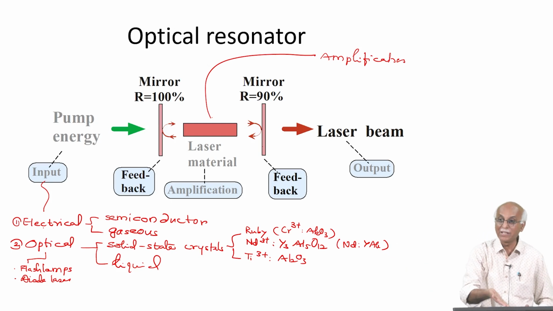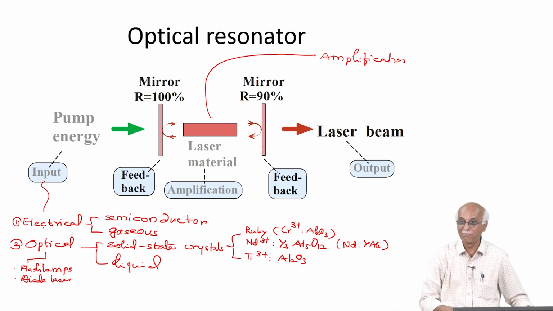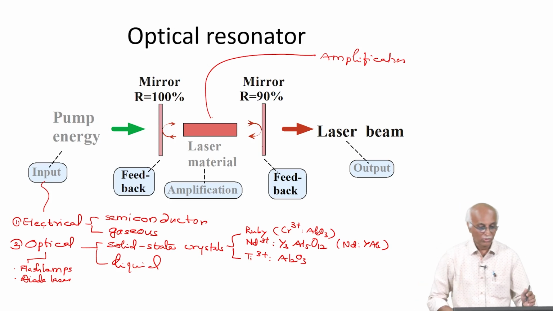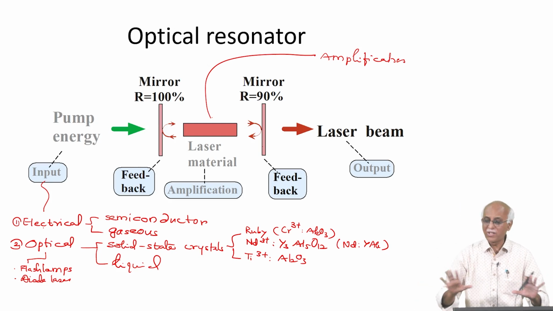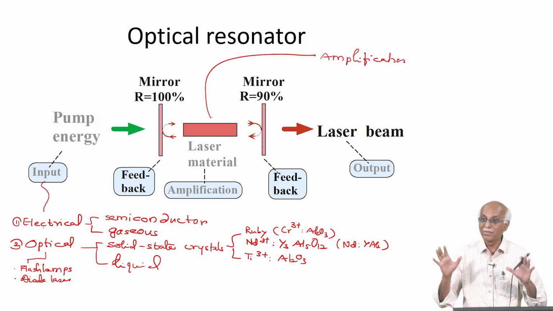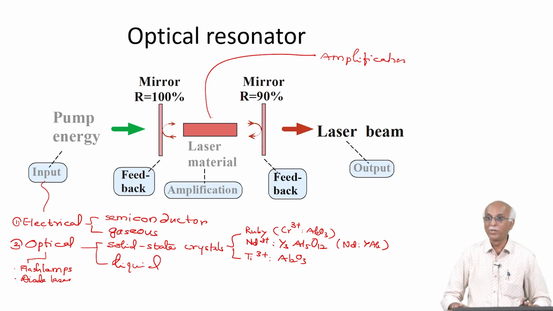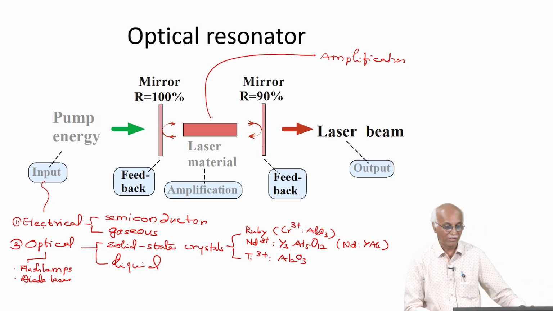It is the same thing happening, but here it is a physical mirror which provides the feedback. So, in general the laser system will have a pump input, an amplification medium and a feedback that determines the whole laser cavity configuration.